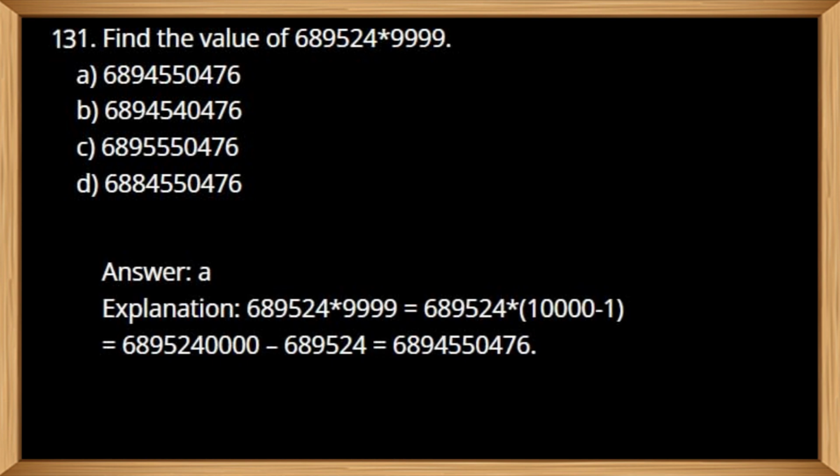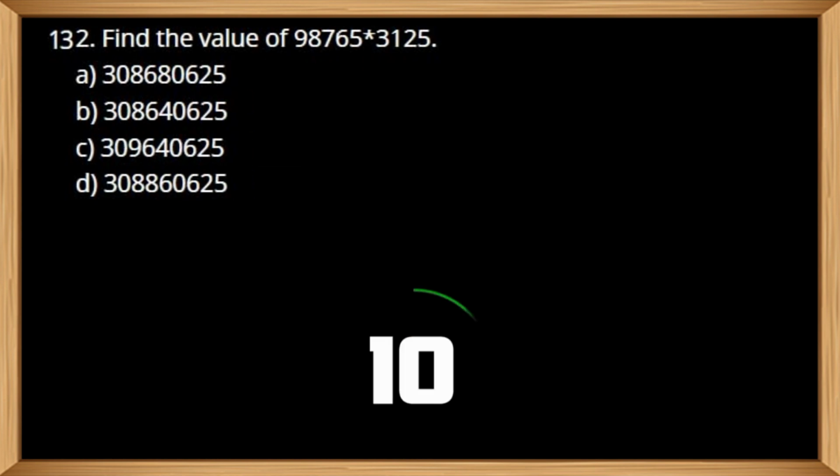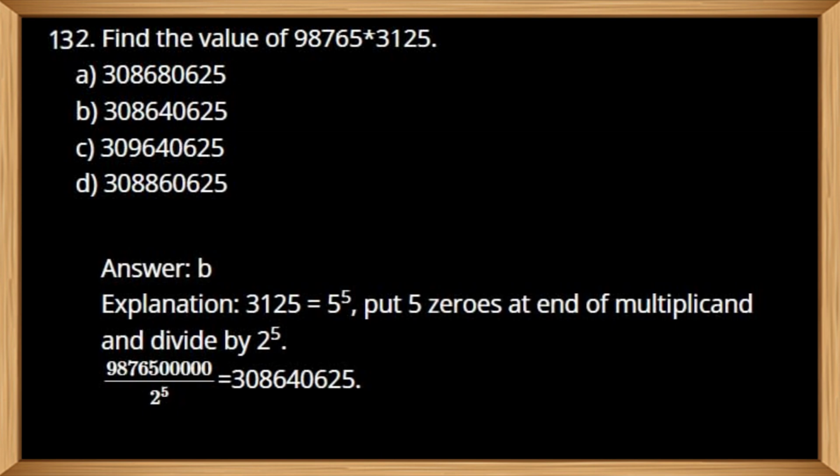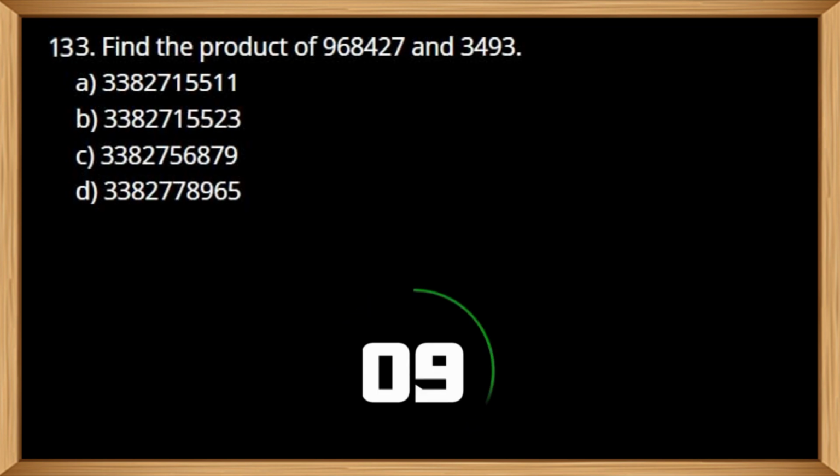Option A: 6894550476. Find the value of 98765 into 3125. Option B: 308640625. Find the product of 968427 into 3493.